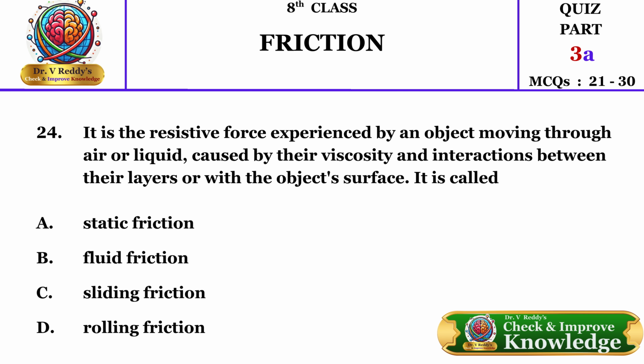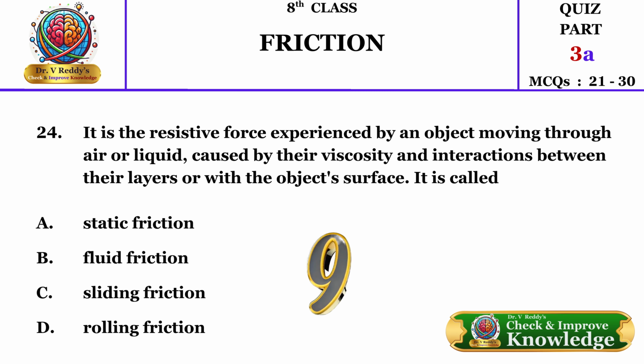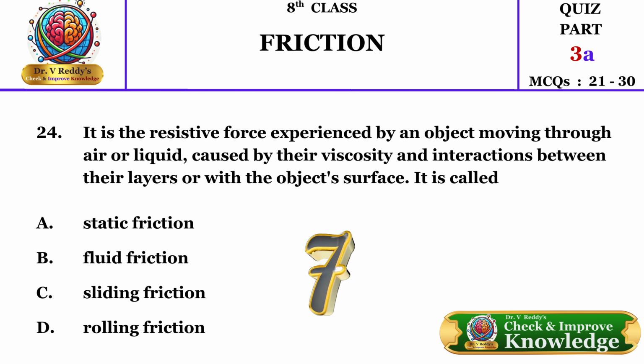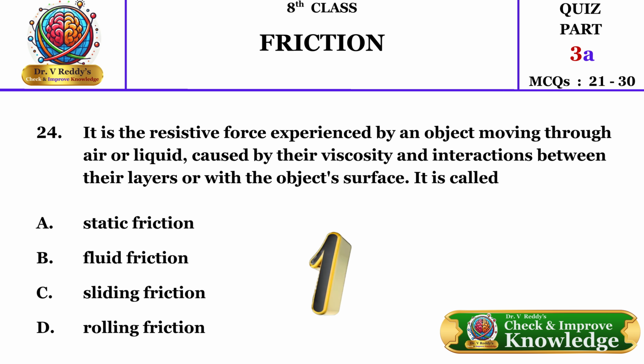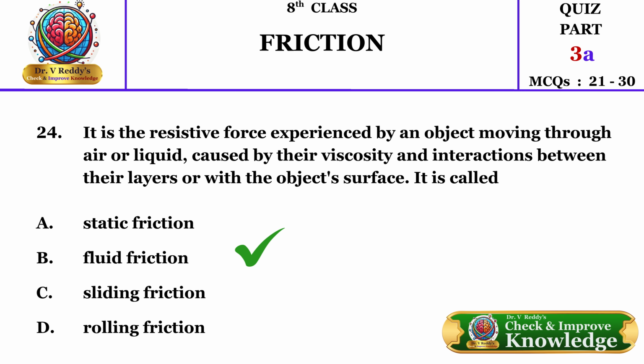It is the resistive force experienced by an object moving through air or liquid, caused by their viscosity and interactions between their layers or with the object's surface. It is called B. Fluid friction.